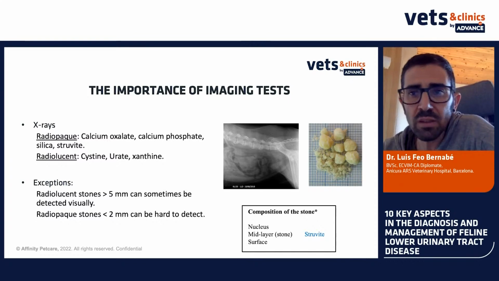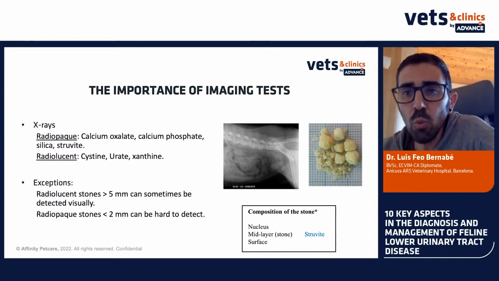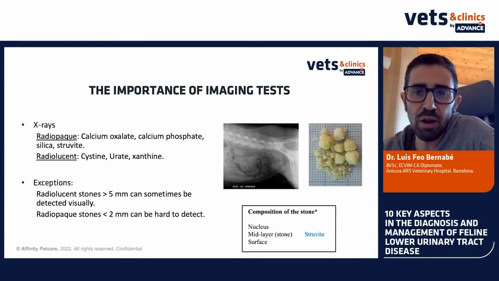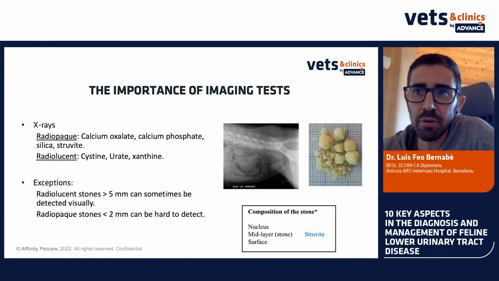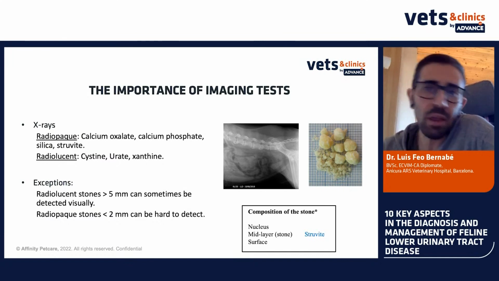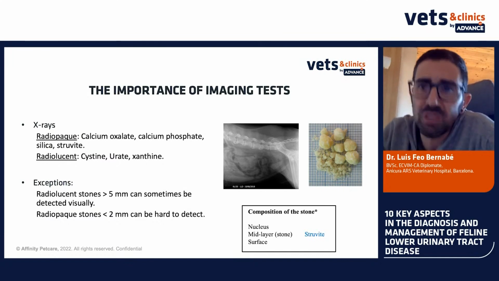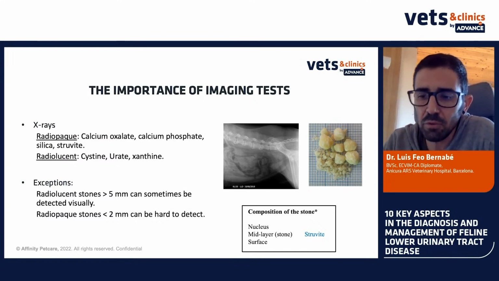So if you have a high suspicion of urate, for example, you won't be able to see it in the radiographs. There are some exceptions based on size, but they are less common. In most cases, calcium oxalate and struvite you will see on the radiograph, but there are other situations where you won't be able to see it.